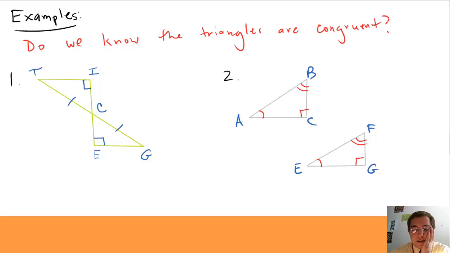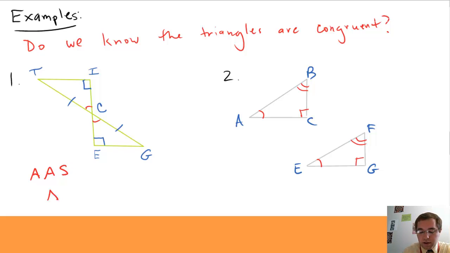But we also know that we have vertical angles. So angle TCI is congruent to angle GCE. So what we actually have are two pairs of angles and one pair of sides, where that pair of sides is not between the two pairs of angles. So this is a case of angle, angle, side.